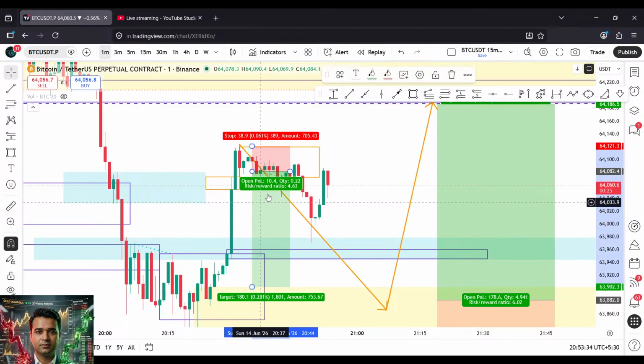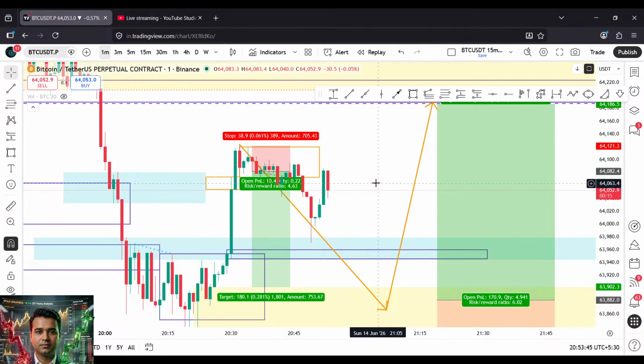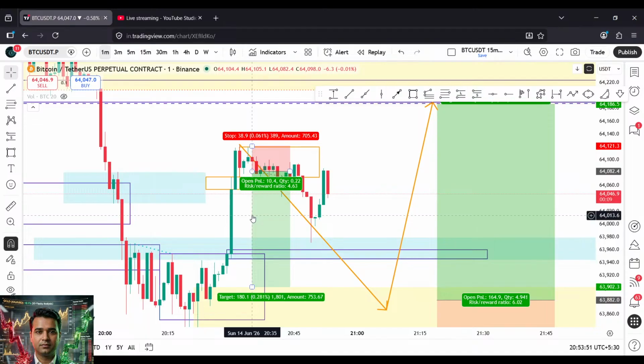In this case, this can give you some viable reward. 1:4, at least 1:4, 1:5. This is between 1:4 and 1:5, right? So this is how we trade base pole flag setups.